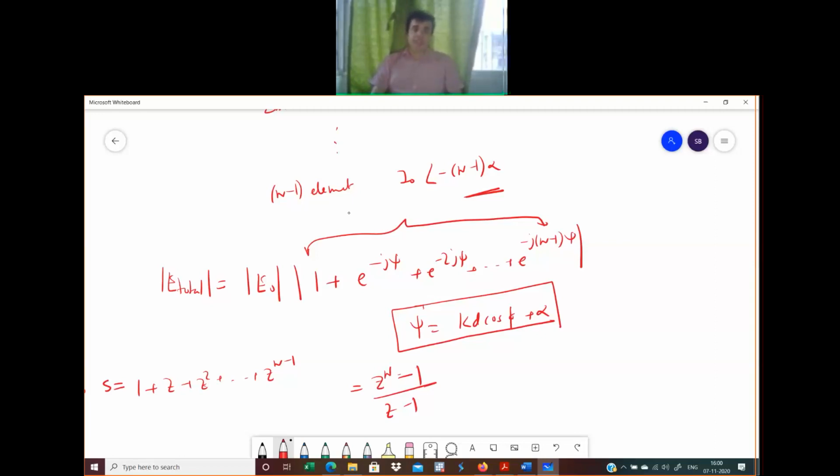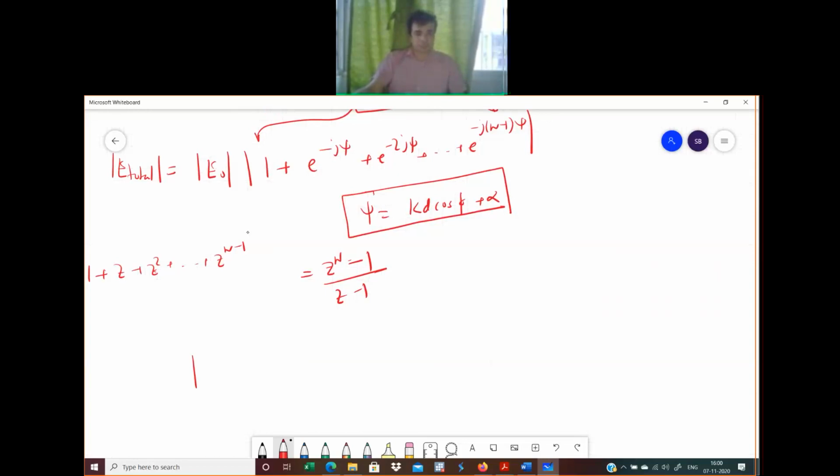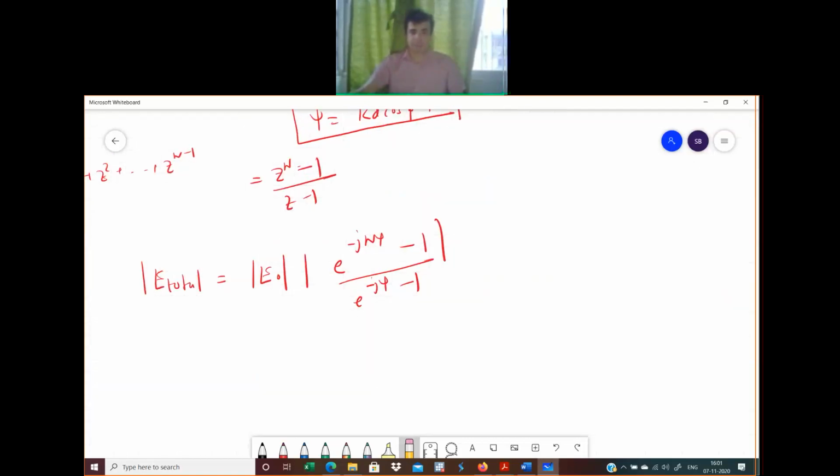So the same concept we can apply here. E total will be E0 times e to the power of j n psi minus 1 by e to the power of j psi minus 1.